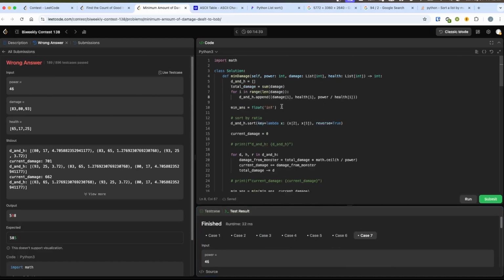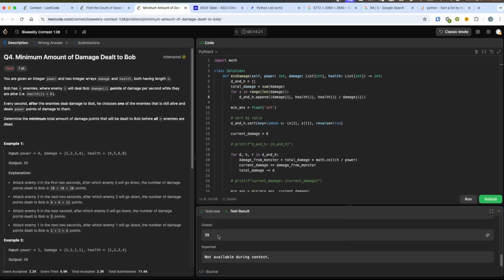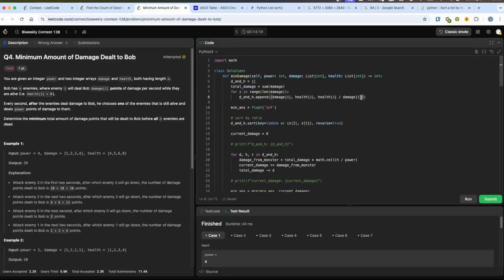Maybe we do, so we had damage over health. What if we do health over damage? Right, so we see that's wrong. What if we do damage?